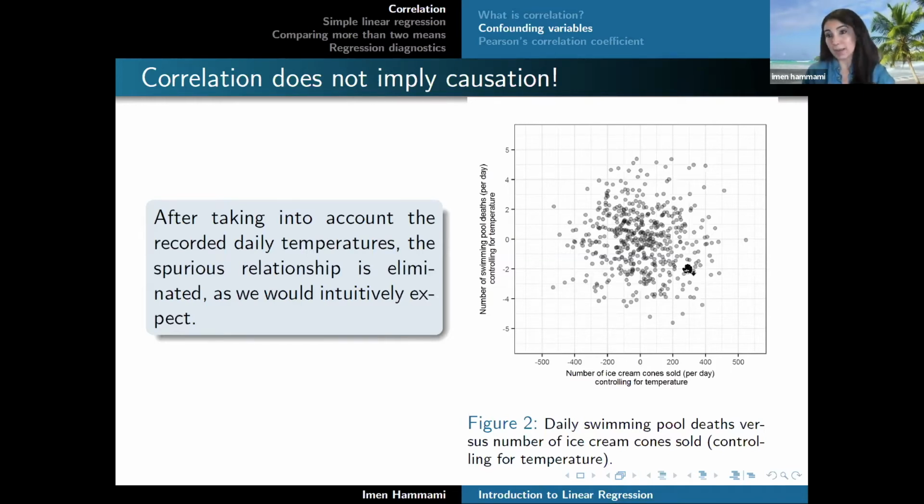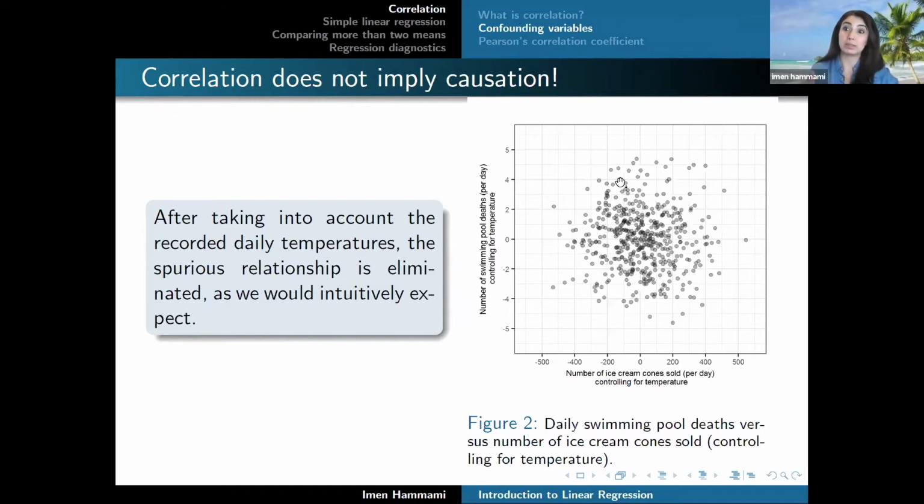So by magic, using software, I remove the effect of temperature here. You can imagine I'm looking at points that have been collected on days with the same temperature, say days with 30 degrees, for example. If you make that distinction, which means you fix the temperature and collect the data only on days with the same temperature, you won't see any association, because we removed the effect of temperature.